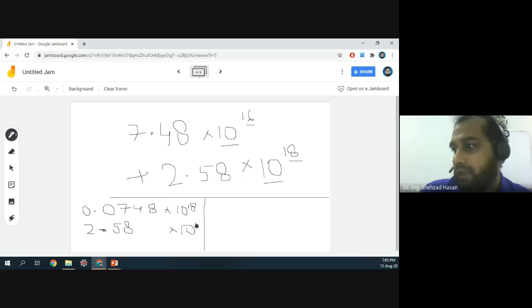Okay, so this is one way to make the power same, and the other way could be to have 7.48 into 10 raised to power 16 and add it with another 2.58 into 10 to the power 16, right?